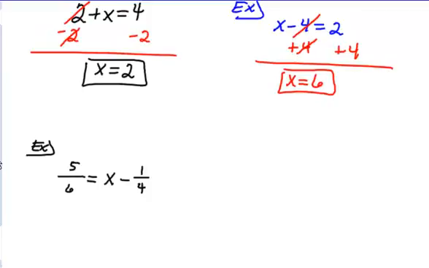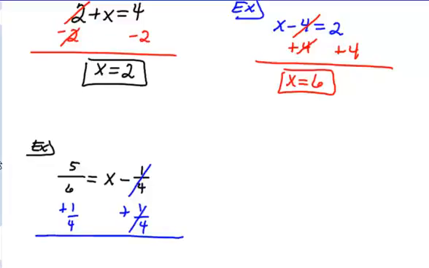Sure, who cares? Equals goes both ways, right? You could flip the thing if you wanted. You could say x minus 1/4 equals 5/6. It doesn't change the statement. The idea is still the same. Let's get x by itself, right? What's attached to it that I want to get rid of? 1/4. Okay, the opposite of negative 1/4 is positive 1/4. What you do to one side, you had better also do to the other side.